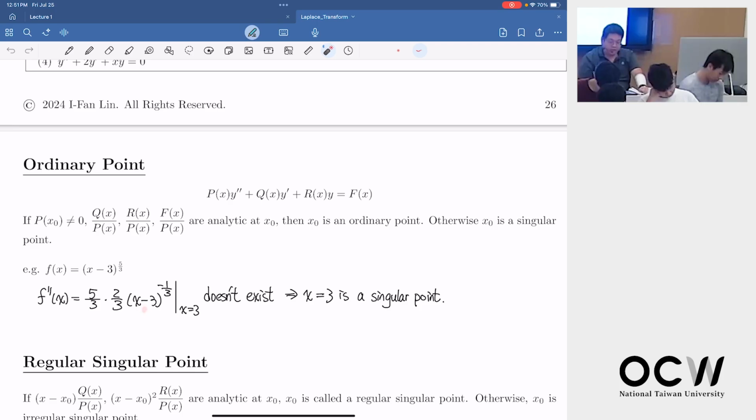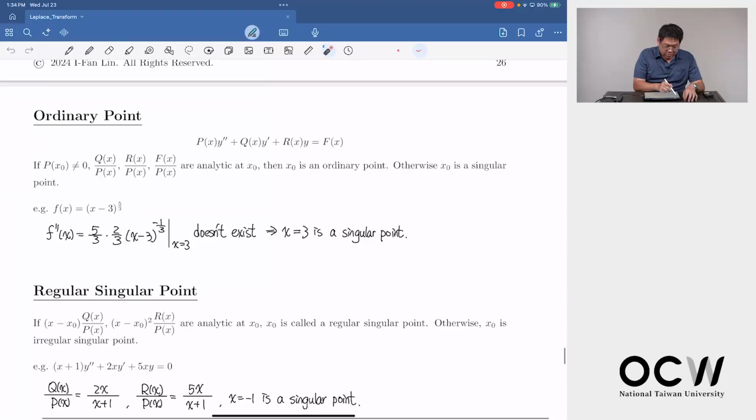And then when x equals 3, it doesn't exist. Since the denominator will go to 0 and overall it goes to infinity, it is not analytic, and we say x equals 3 is not an ordinary point, so it is a singular point.